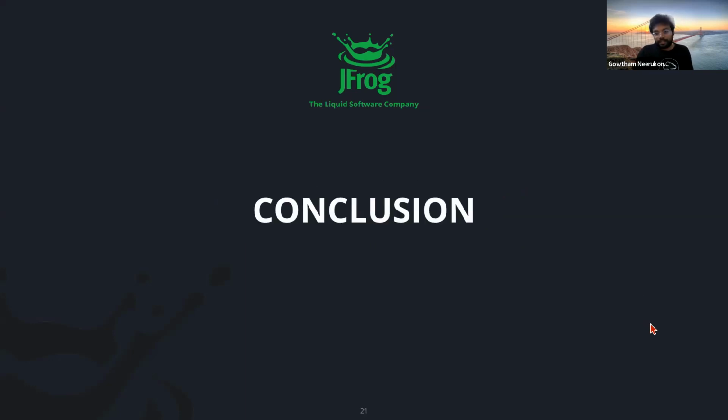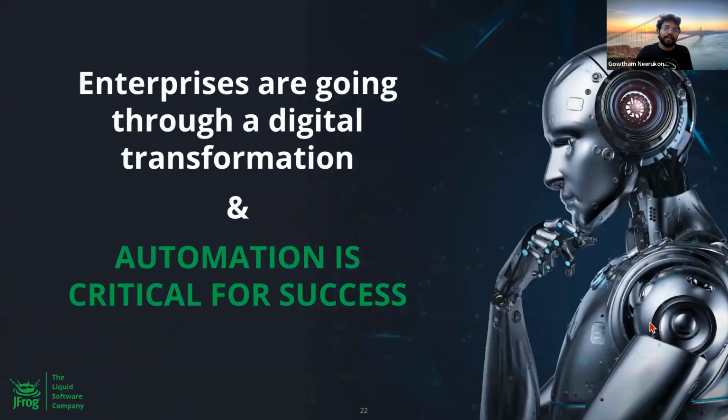Now, conclusion. Artifactory being a universal binary repository manager and DevOps being the center of software development activities nowadays in the organization, you are going to need automation, and this is going to be critical for your success.